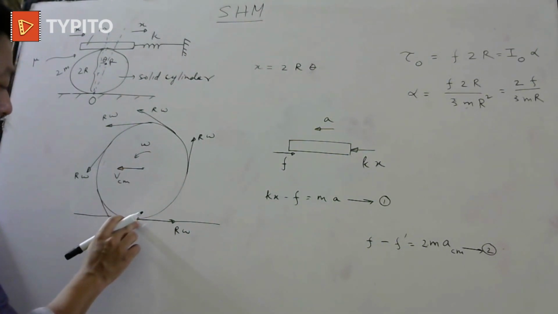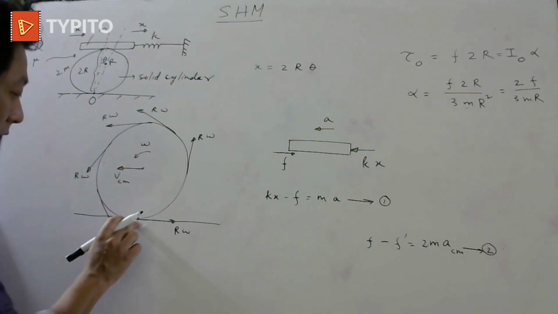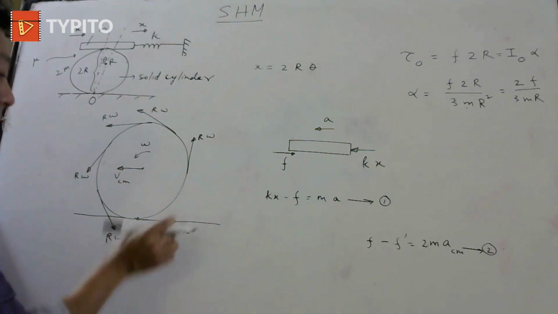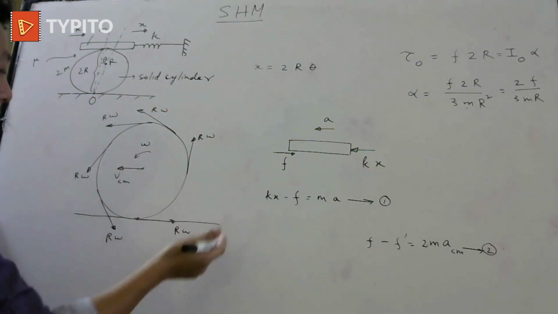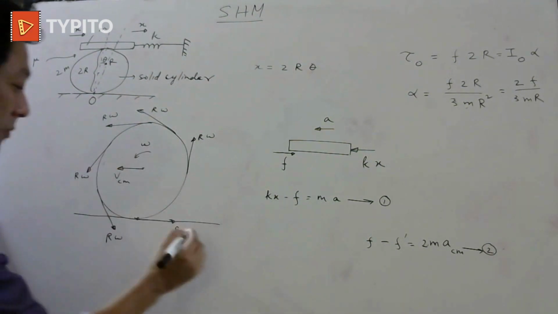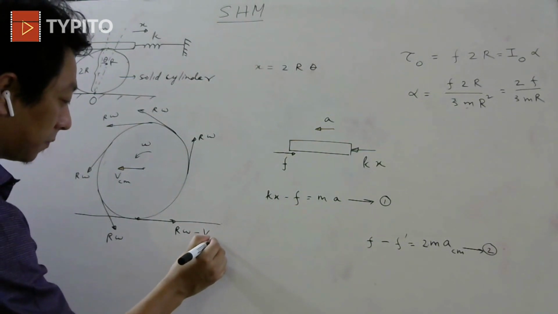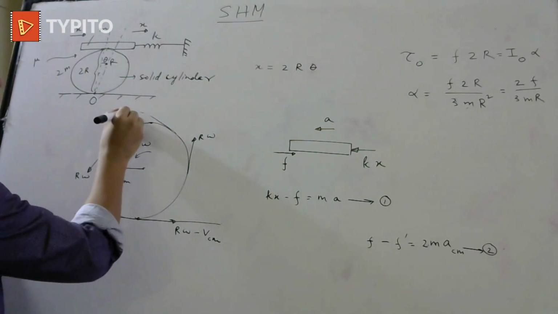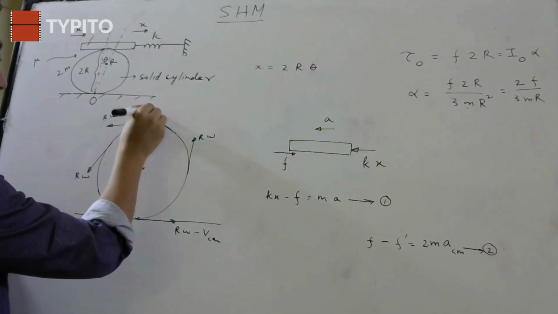Its velocity will be velocity of this point with respect to center of mass, which is r omega, plus velocity of center of mass. But velocity of center of mass is this section, minus vc. And here, if you forget about this point, it will be plus vc.